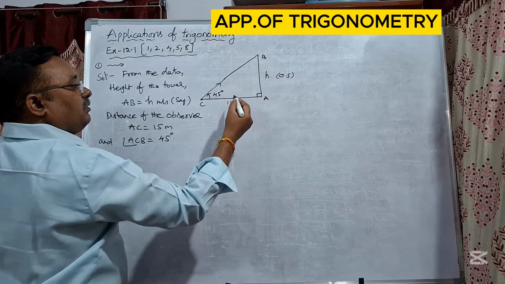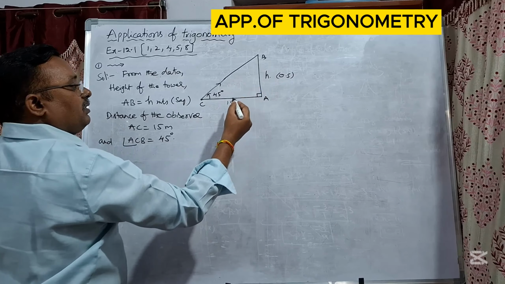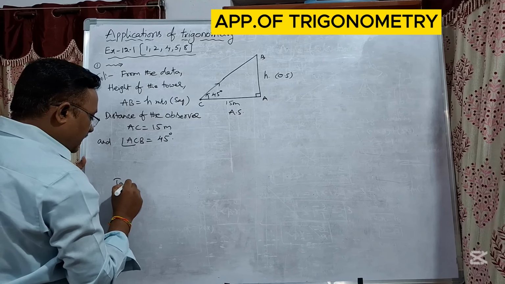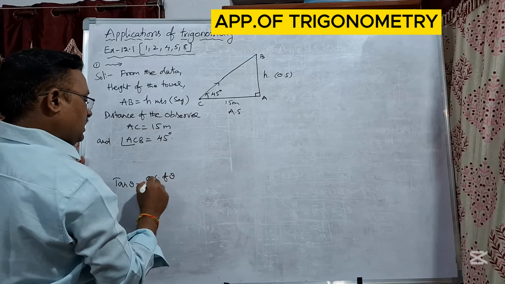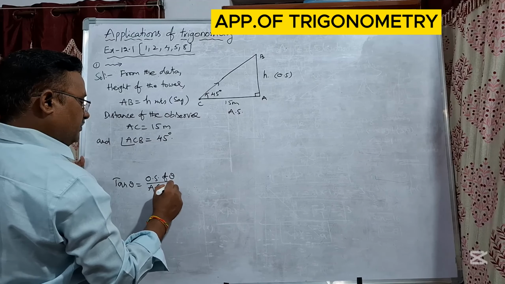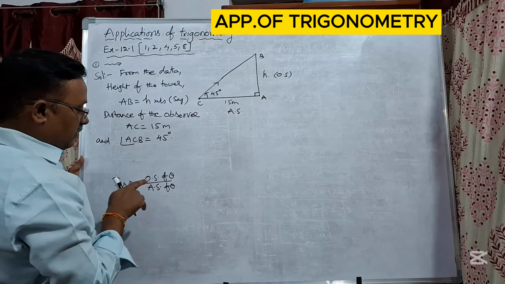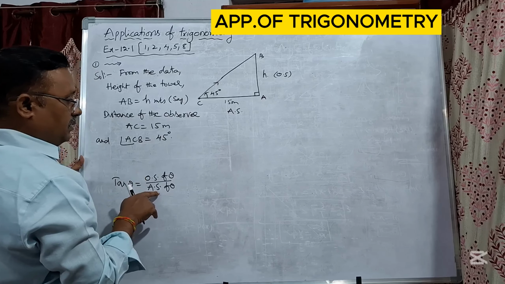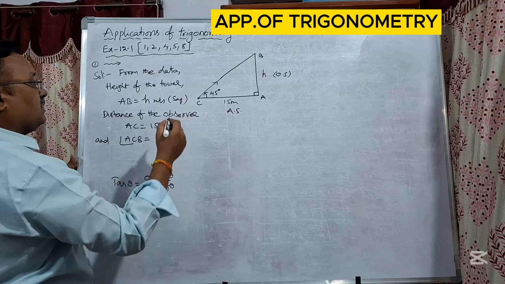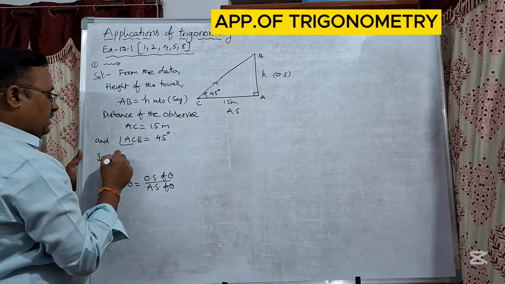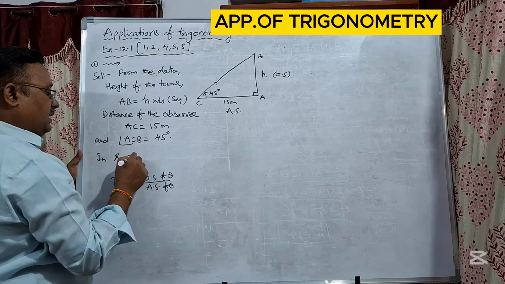Opposite side I want, adjacent side I have, angle I have. Obviously, I need to apply the tan theta formula, which is opposite side of theta by adjacent side of theta. So that is happening in right angle triangle ACB.